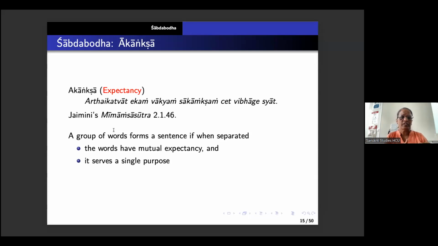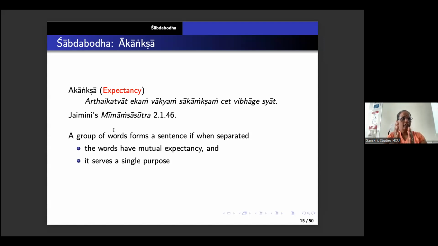the clue is given this way: if you take a group of words, whether it is one sentence or more than one sentence, this is what we need to decide. So what you do is take this group of words, divide it into two parts randomly, and after dividing, if you find that the words in these two groups have mutual expectancy, so the words in one group have expectancy for the words in another group, that means you cannot separate them, they should be together.